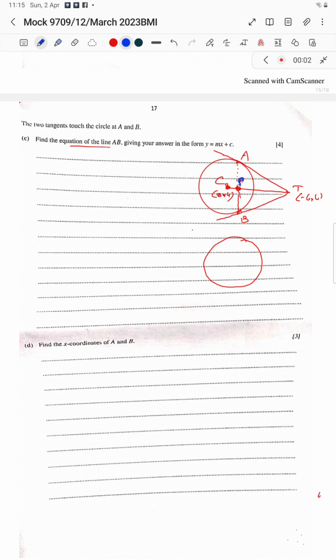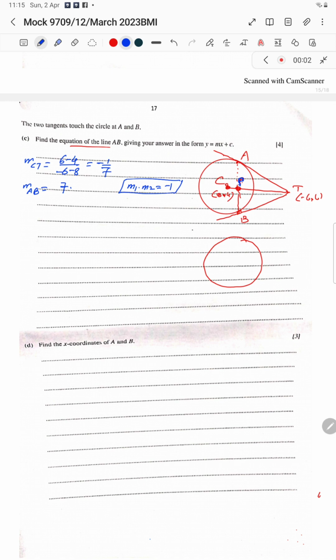So the gradient is easy to find. We can find the gradient of CT, that is change of y over change of x, 6 minus 4 over negative 8 minus 6, which gives me negative 1 by 7. So the gradient of AB, as it is perpendicular to CT, is the negative reciprocal, which becomes plus 7, because we know for perpendicular lines the product of the two gradients must be -1.